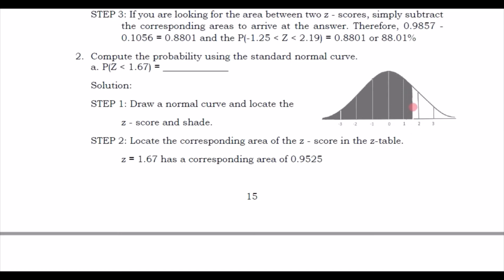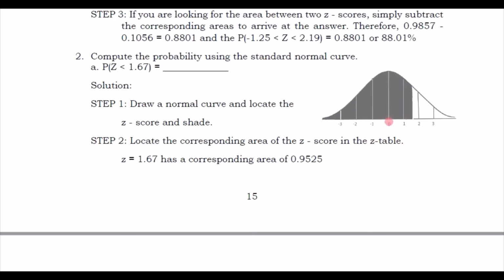So, from this point, hanapin natin yung sukat niya. Okay? Sabi, less than. So, saan dito yung mas mababa sa letter Z? So, yung papunta sa left. Yun yung ating hahanapin na area or yung hahanapin natin na sukat. Okay?